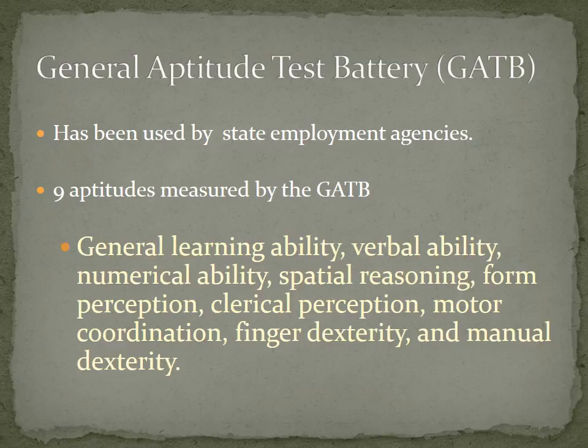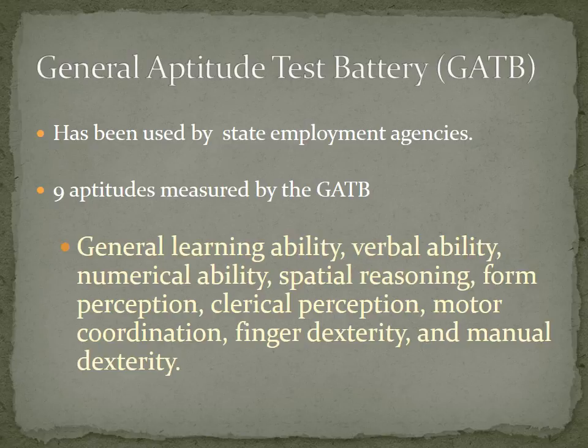Another test that's widely used that I am going to bet some of you may have heard of, and certainly was used in my setting at the VA quite frequently, is the GATB, or the General Aptitude Test Battery. It's been used by state and employment agencies, and as I mentioned, referring to my VA experience, it has most frequently been used in government type settings.